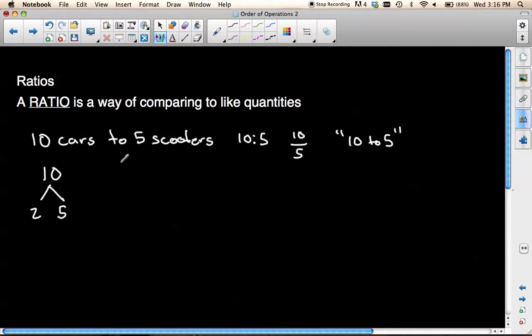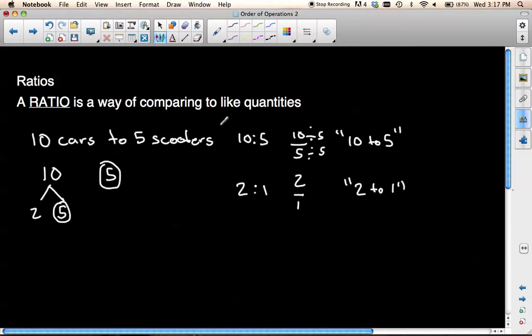And 5 is a prime number, so there's nothing I can divide it by. So the greatest common divisor these two numbers have is 5. If I divide 10 and 5 by 5, that gives me a 2 to 1 ratio.